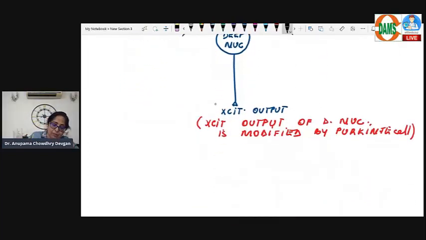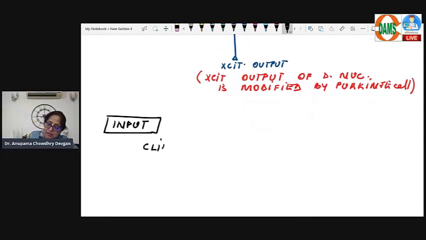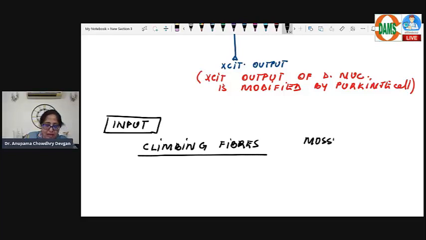Now, the next important point here is, what is the input into the cerebellum? Input into the cerebellum is via two types of fibers: the climbing fibers and the mossy fibers.